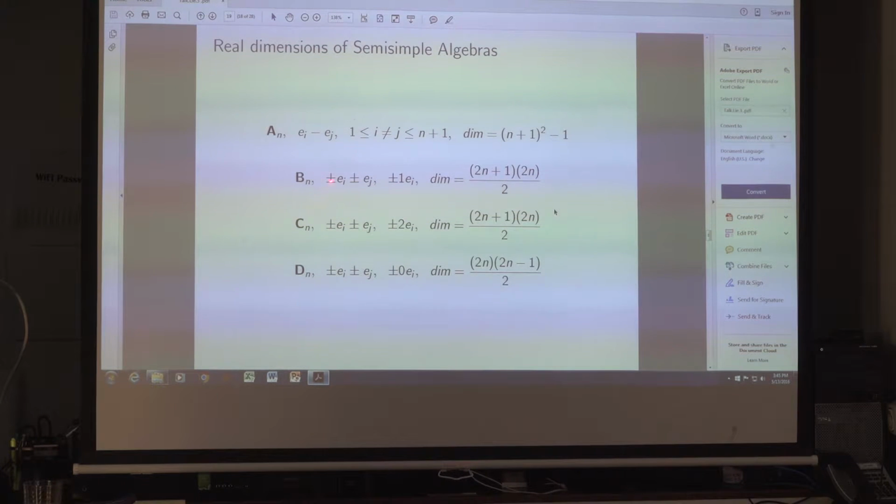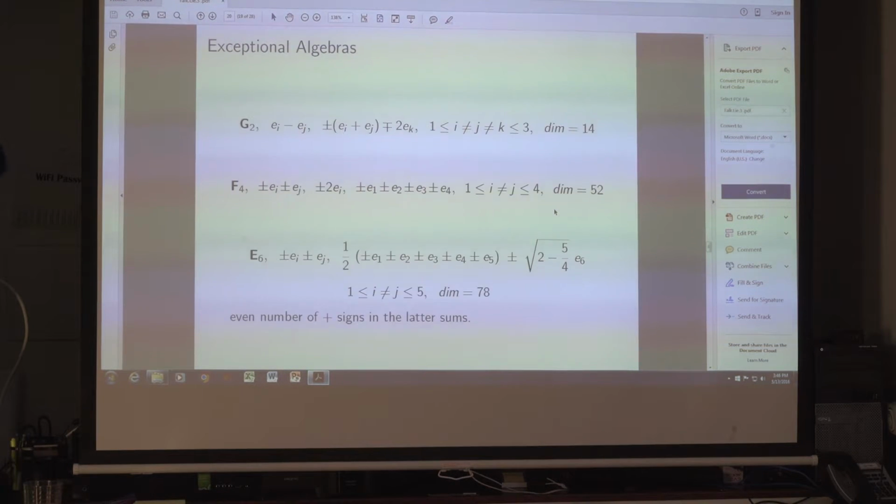And of course, the book also tells you how to construct the simple roots written in terms of a Euclidean basis. You take a Euclidean basis of vectors and perform these combinations of plus and minus, and you can generate the simple roots of your algebra.